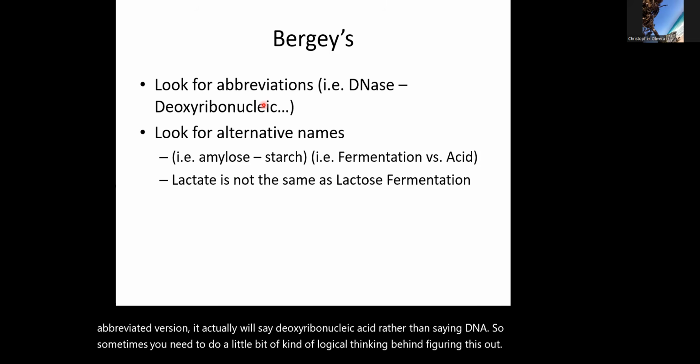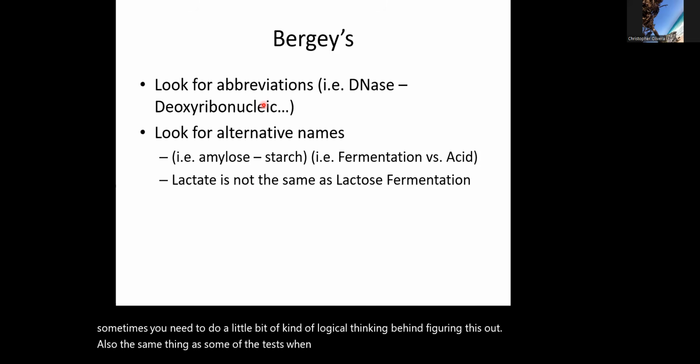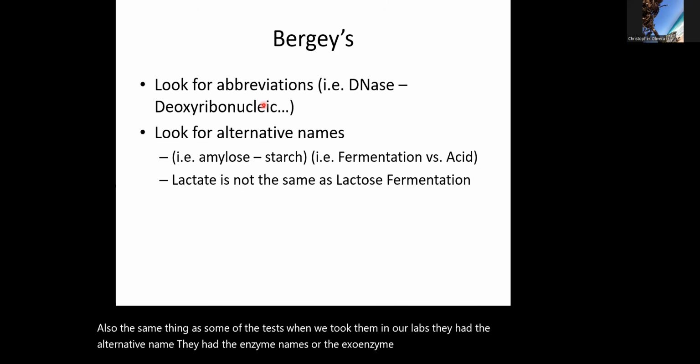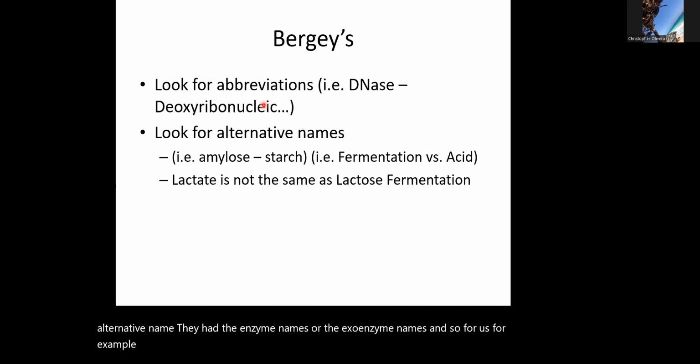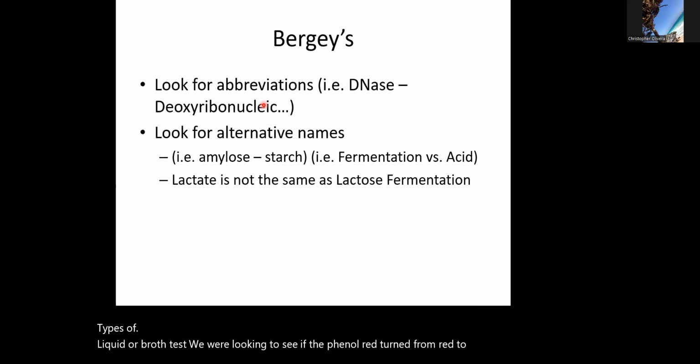Also, the same thing as some of the tests when we took them in our labs, they had the alternative names. They had the enzyme names or the exoenzyme names. And so for us, for example, the word starch in reality is amylose. So we're also looking for, in certain fermentation tests or certain types of liquid or broth tests, we were looking to see if the phenol red turned from red to yellow, right? But that was the production of acid.